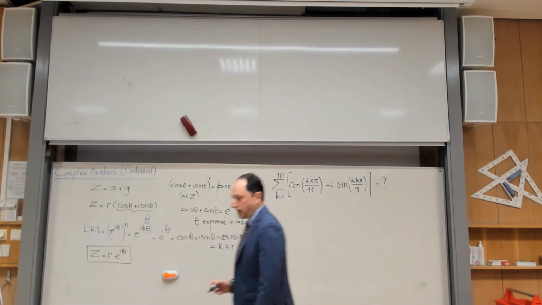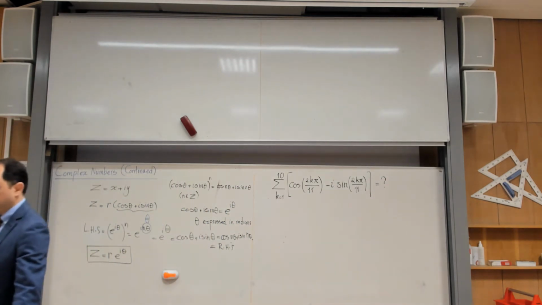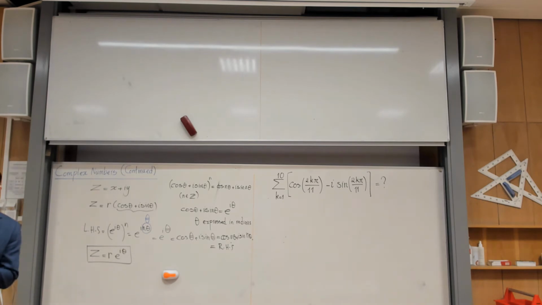So we are supposed to calculate this sum. There are 4 answers given: 1, -1, i, and -i.